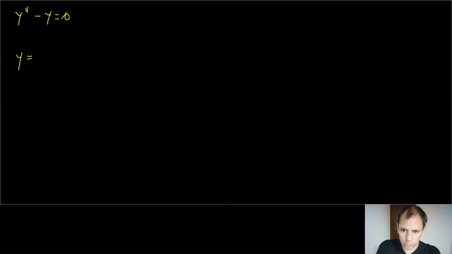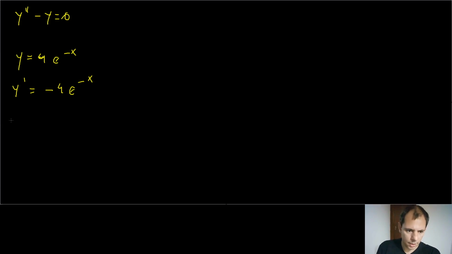Y equals 4 times e to the minus x. So the first derivative is going to be equal to minus 4e to the minus x, right? Because e to the minus x is e to the minus x. The 4 is just repeating because it's a constant, times the derivative of this, which is minus 1.